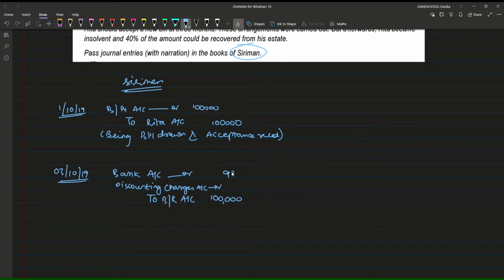So 99,000 is the amount which we are going to receive, and 1,000 rupees is discounting charges. Total of 1 lakh rupees is the total here. I am going to write it towards the right side, 1,000, and this is for 1 lakh rupees. To bills receivable.